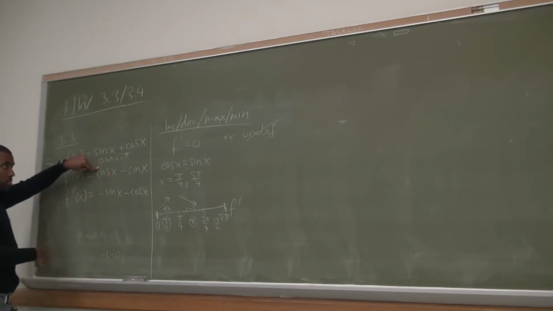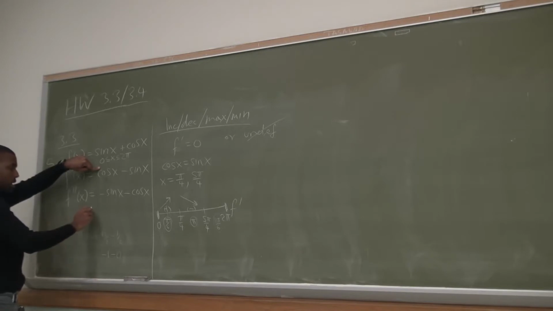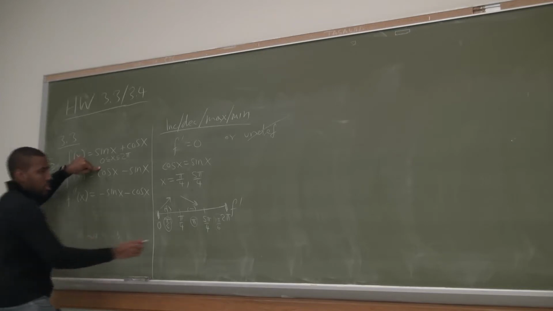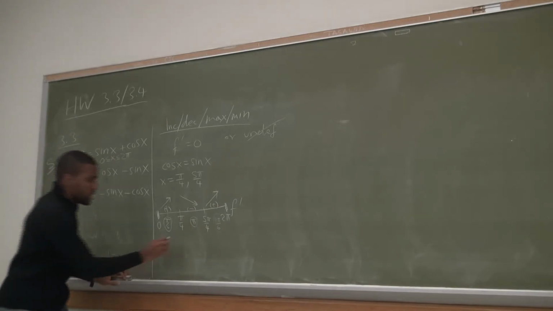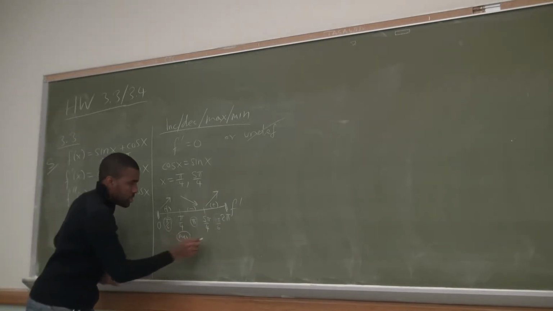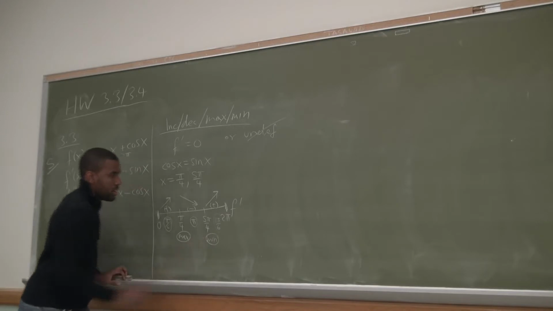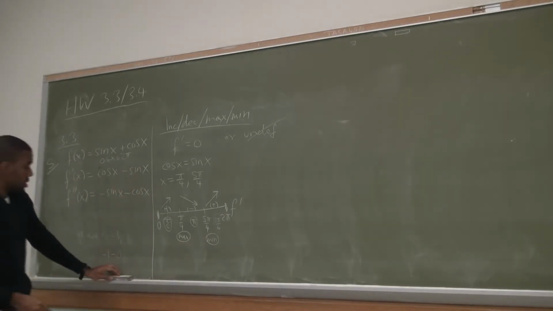It's radical 3 over 2, and the sine gives you negative 1 over 2. Minus a negative, so you add, so that's positive. So this point here is going to be a max. This point here will be a min because it's defined, and this gives you the intervals of increase and decrease.